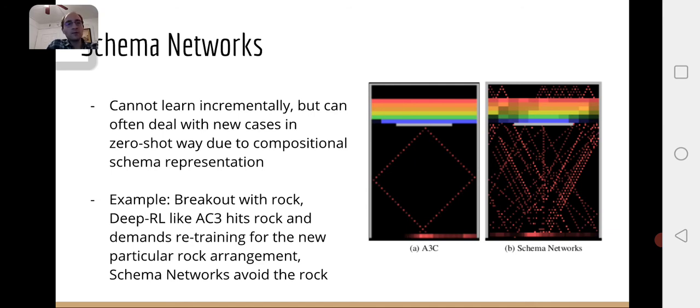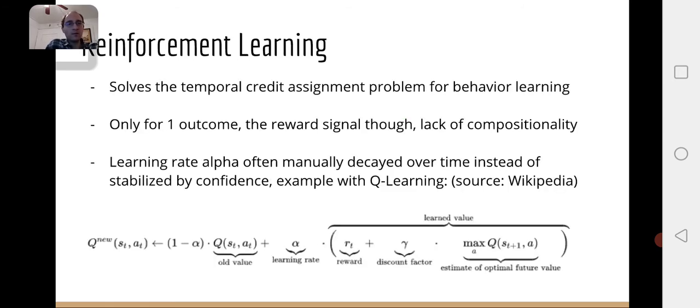So this is quite interesting. So schemas are very powerful in what you can do with them.